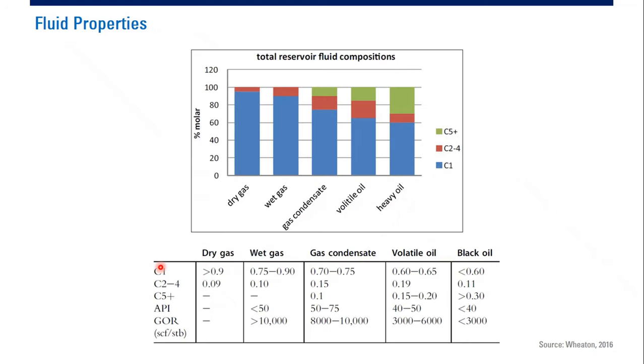Of course, the fluid properties will be governed by fluid composition. Dry gas will be dominated by C1 or methane, and then we have wet gas, condensate, volatile oil, black oil with different composition.